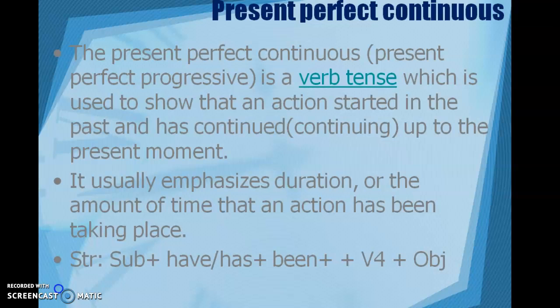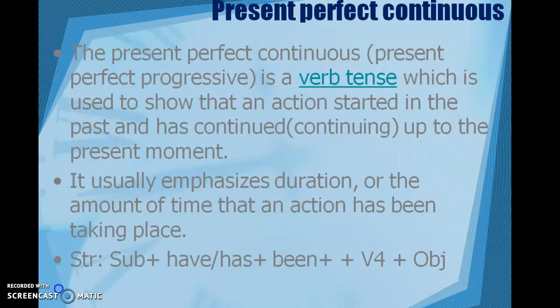The last tense of present tense is the present perfect continuous tense. In the present perfect continuous tense, an action takes place sometime back in the past and continues till now. It's also called present perfect progressive.